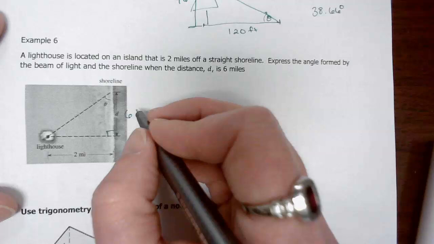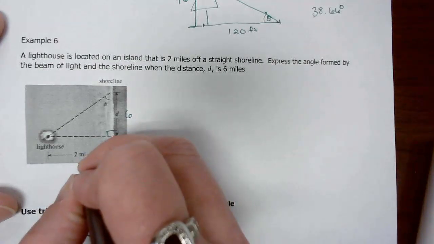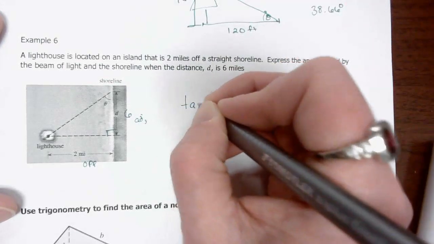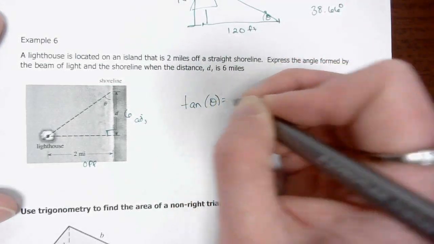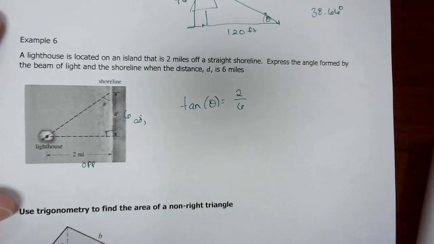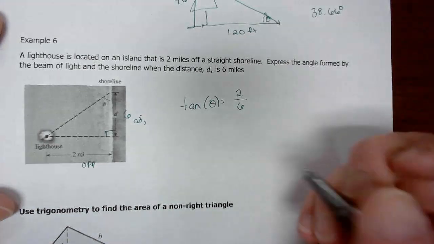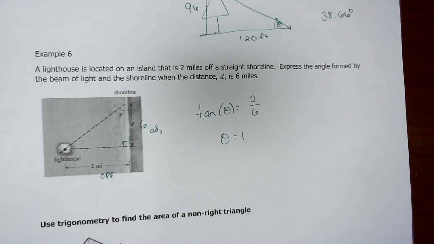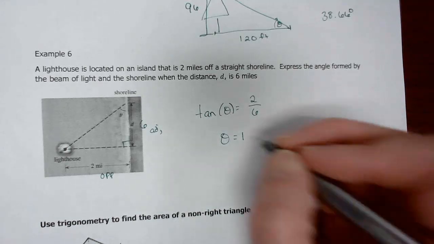So this side would be opposite. This would be adjacent. So opposite, adjacent. We're looking at tangent. Opposite over adjacent. And I got that the angle would be 18.435.